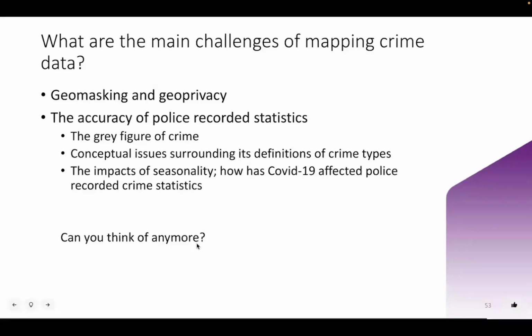And then we can think about impacts of seasonality. For example, how has COVID-19 affected the police recorded crime statistics? Over the pandemic, researchers identified a reduction in some criminal activity as a result of lockdown rules. So what we saw was a reduction in burglary as more people have been forced to work from home, and there is reduced opportunity to commit these crimes.